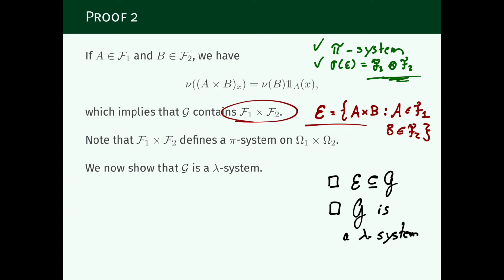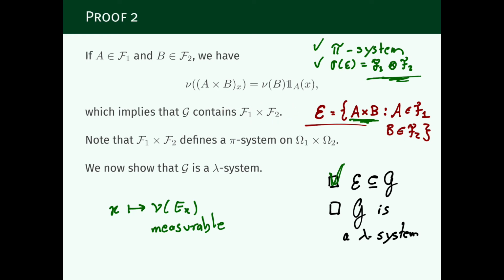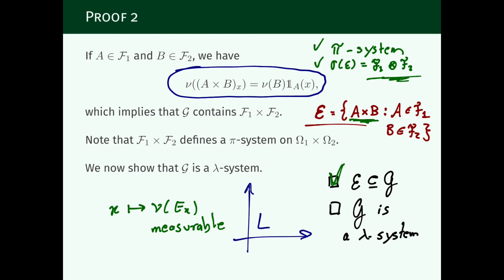Now, first box: why is E a subset of G? We take a set of this form, and we want to show that the function that maps x to the measure nu of Ex is measurable. It suffices to see that this function is given by this expression: it will be 0 when x is not in A, and it will be the measure of B when x is in A. We can easily see that by looking at this.